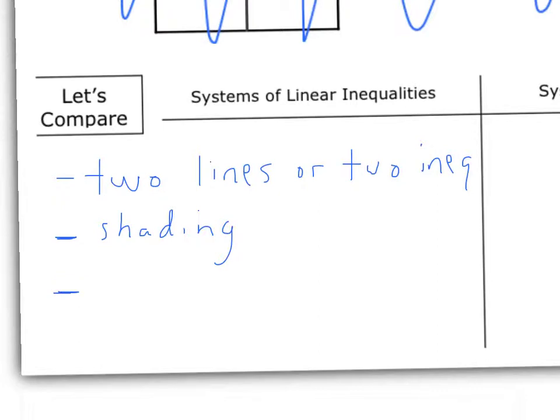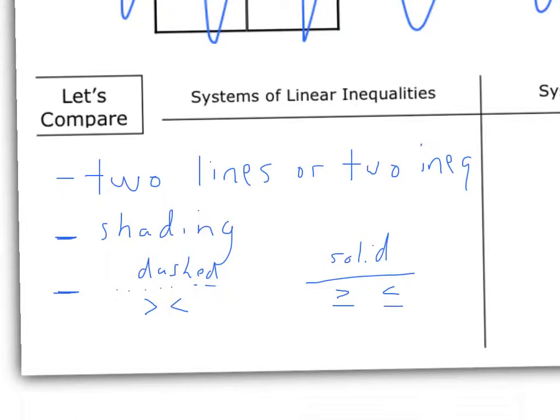Third thing, the line that you draw through your points will either be a dashed line or a solid line, depending on which type of inequality you have. If you have a dashed line, you'll have a greater than or less than, and if it's solid, you'll have a greater than or equal to, or less than or equal to.